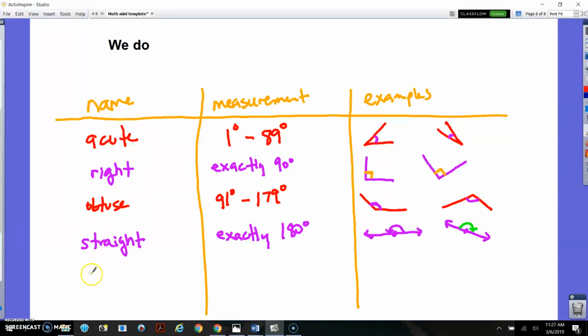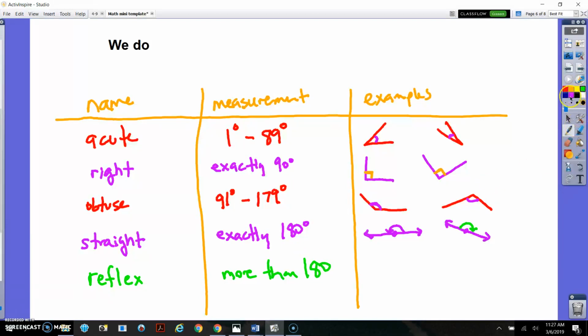And then last but not least, we have a reflex. And they are more than 180. So those are harder to draw because you have to be really clear that, when I draw one, like that, that's a classic reflex angle, you're looking here, not at this obtuse angle on the other side.